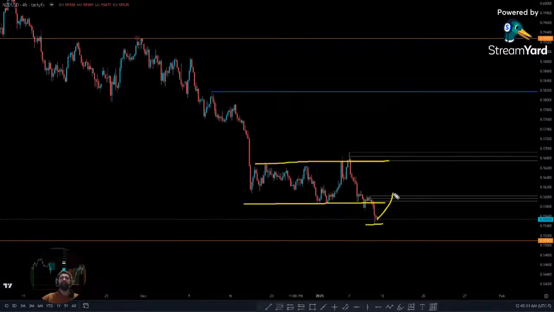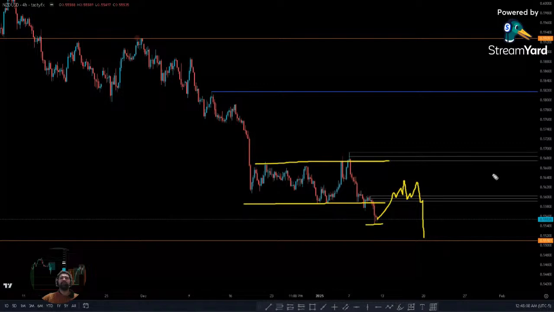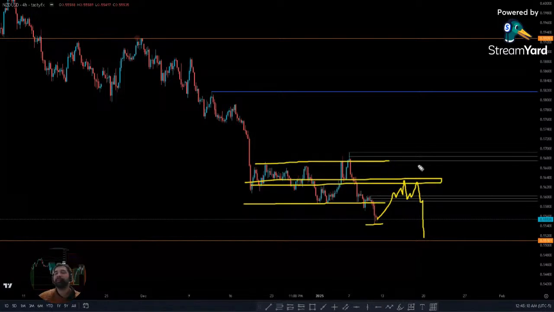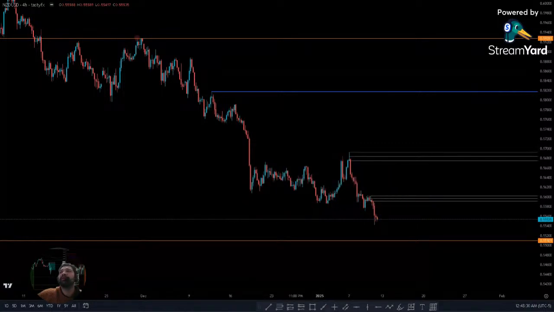Any sort of pullback can give us a move on the downside, but taking a continuation trade around this range, or around the 50% of this range, could be hard. It could be really difficult to take this kind of trade, but it is eventually possible if you have a good amount of patience and a plan. This is why planning your trades is really important.